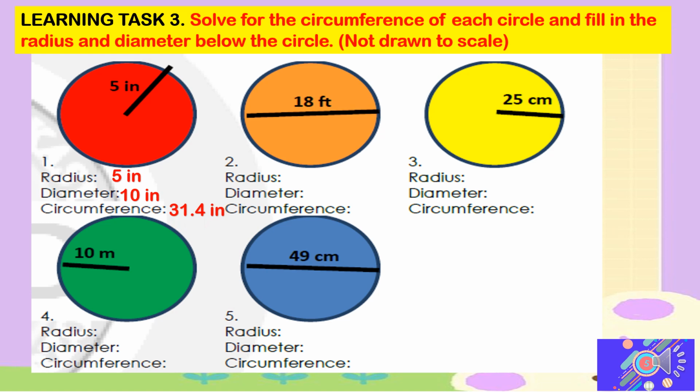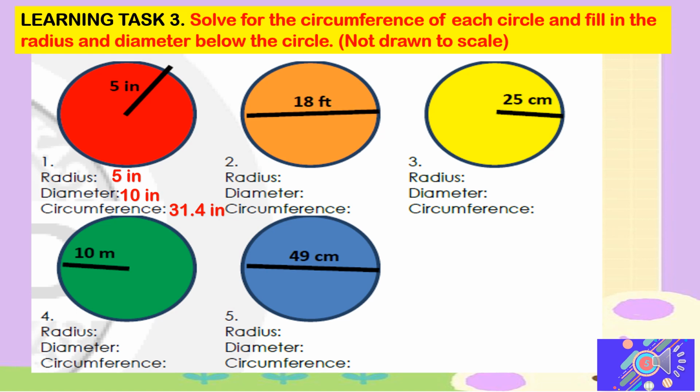So paano ba natin nakuha yung circumference niya? We use the formula C equals 2 pi r, or 2 times 3.14 times 5. And then the answer is 31.4 inches.